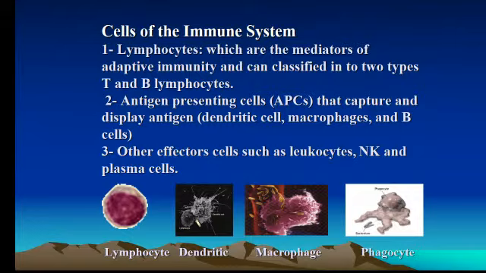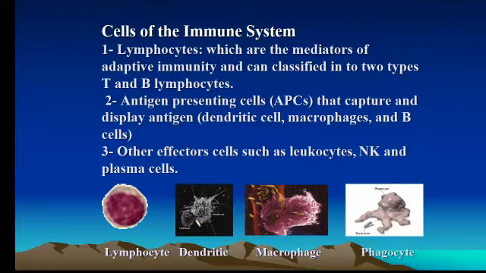We already talked about T and B lymphocytes. T cells include T helper 1, T helper 2, CD4, CD8, and natural killers, from the cell-mediated immunity. For the humoral immunity, there are B lymphocytes, which make plasma and memory cells.